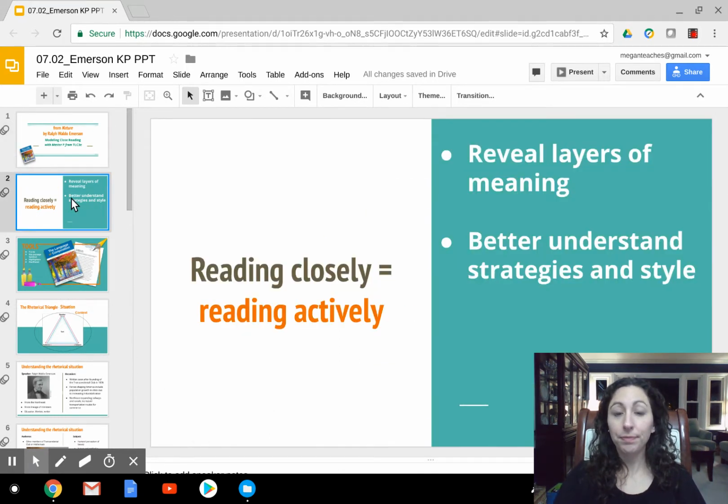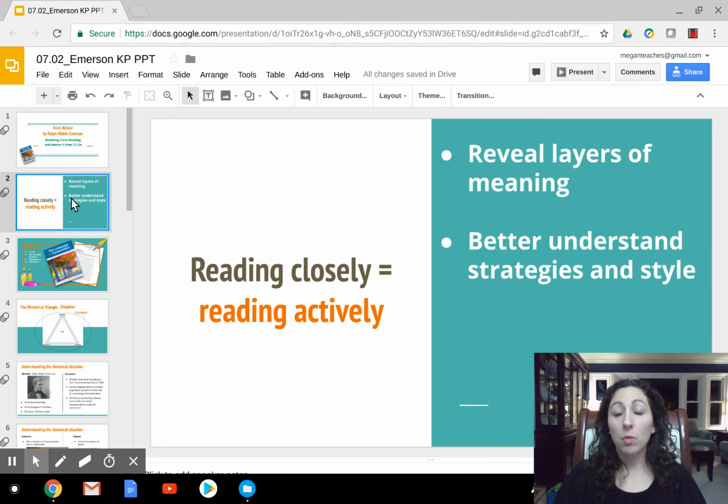All right. When we read closely, we know that we're reading actively, that there's a specific purpose and intention behind our reading and behind all of our annotations. So we're trying to get at those layers of meaning to make sure not only that we understand the surface of the text, but that we also understand what the writer is trying to convey, what points he or she is making, what claims, what positions.